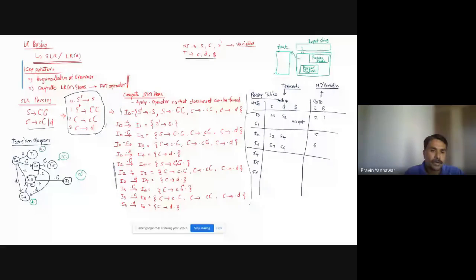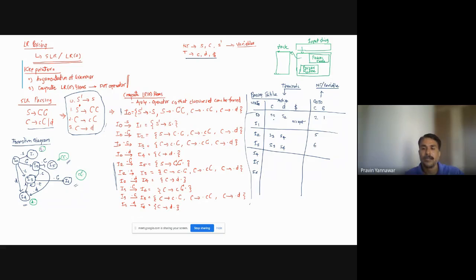Now what about I4, I5, and I6? Look here. I4, I5, and I6 call for reduction, which means that everywhere it is getting reduced.